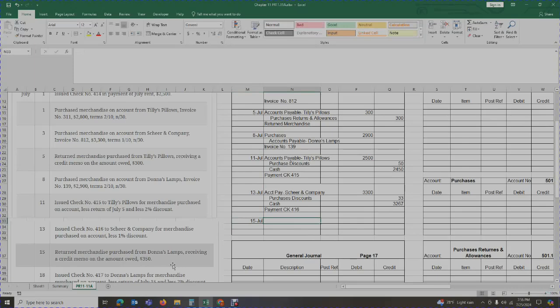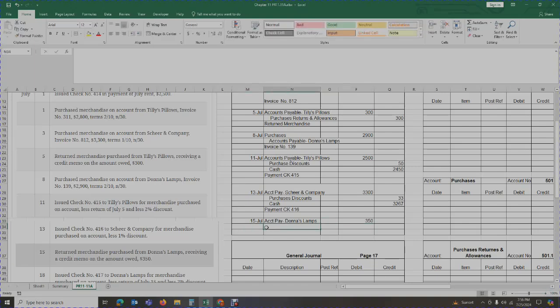So we are making a return. That means that we are going to offset it against my payable because we have not paid Donna's Lamps. So we're going to receive a credit for that. We're going to debit our accounts payable for Donna's Lamps. The amount of the return is $350.